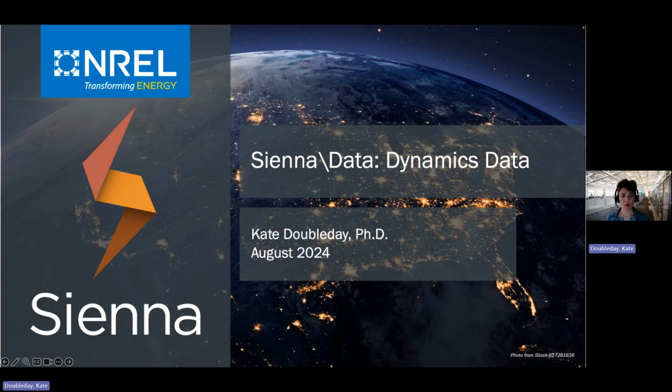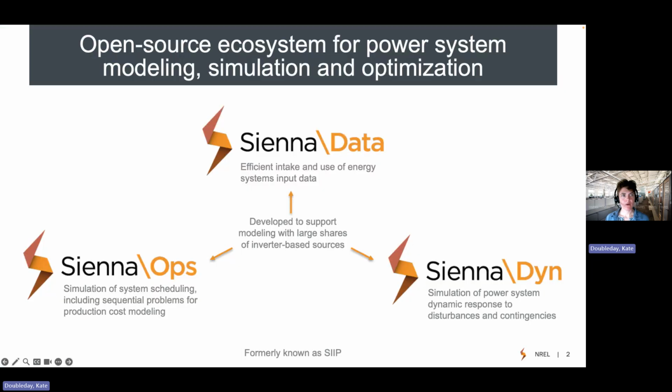So Sienna is an open source ecosystem for power system modeling, simulation, and optimization with three main applications. Sienna Data, which is focused on efficiently inputting and formatting energy systems data. Sienna Ops, which enables system scheduling simulations by formulating and solving optimization problems like unit commitment and economic dispatch problems.